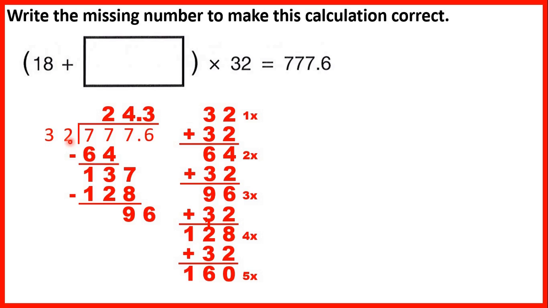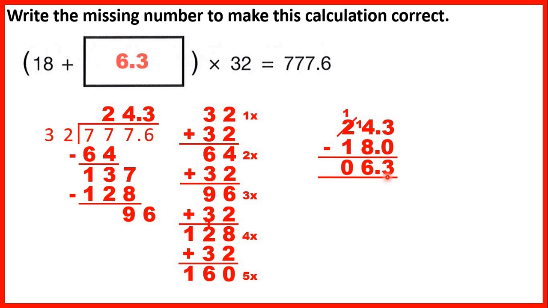because we found using division that 24.3 times 32 is 777.6. So 18 plus what gives a total of 24.3? Well, if we subtract 18 from 24.3, and remember, if we're subtracting a whole number from a decimal, we can put a 0.0 on the end, line up our decimal points, and then when we subtract, we get 6.3.